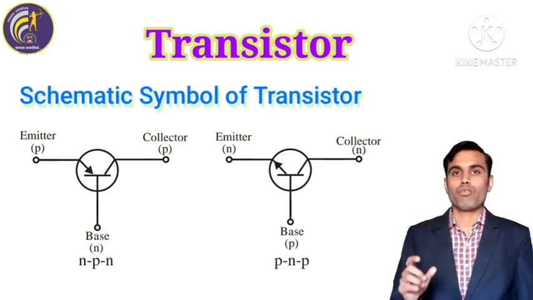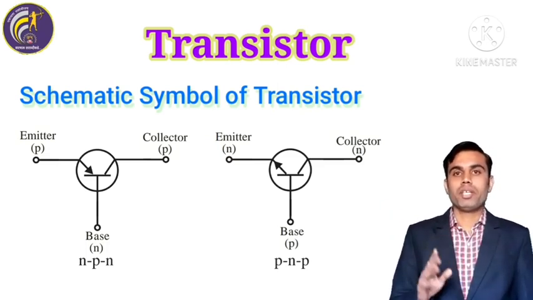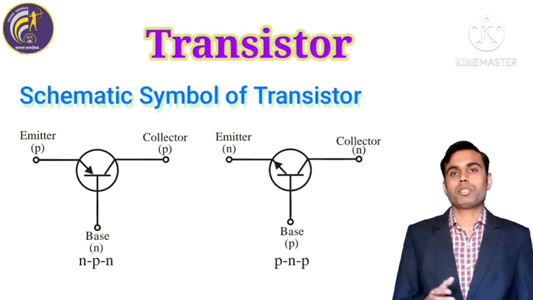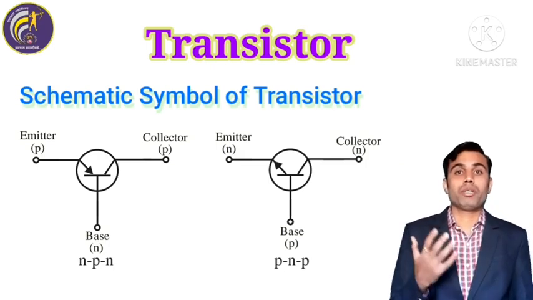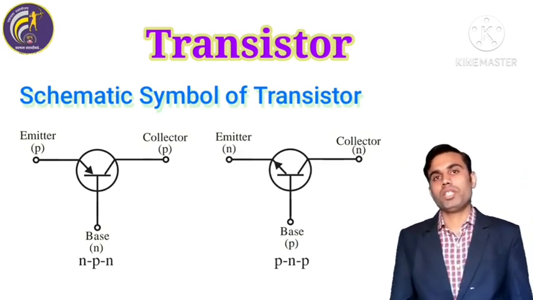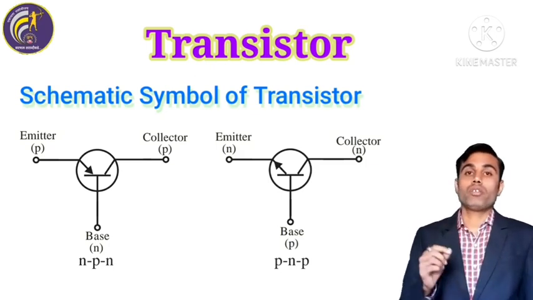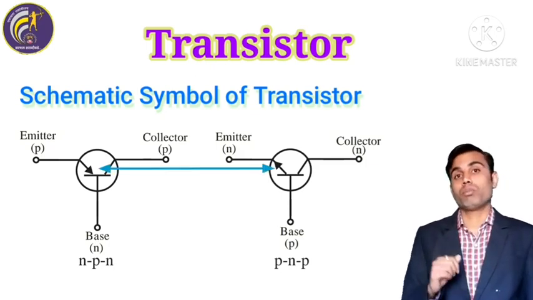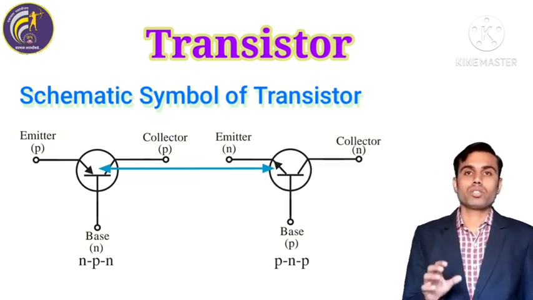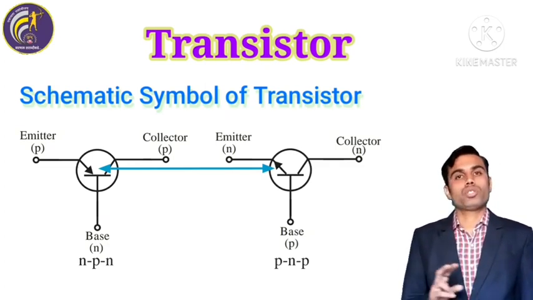Then there is formation of an NPN transistor. Similarly, in case of PNP transistor also, two P-type semiconductors are joined together by growing a thin layer of N-type semiconductor in between them. Now in these schematic symbols, the direction of the arrow is not identical in both the symbols.